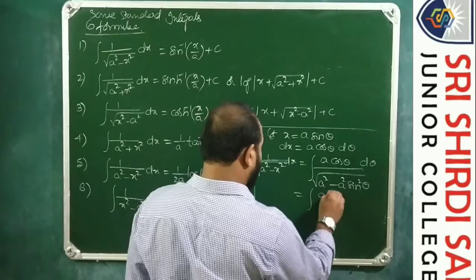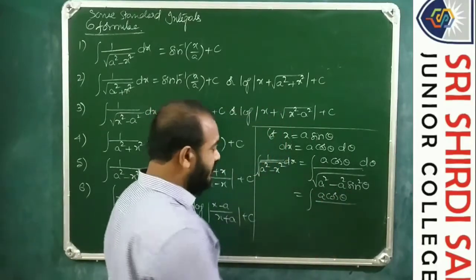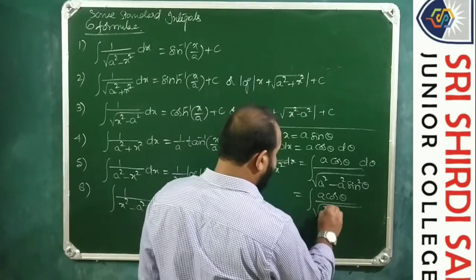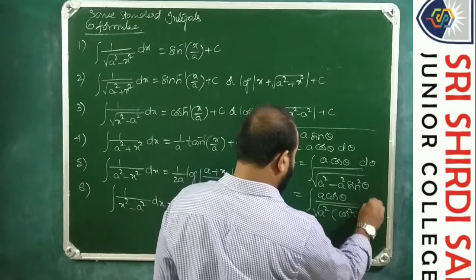So this is a cos theta by, take a square in common, then a square into 1 minus sin square theta is cos square theta, d theta.